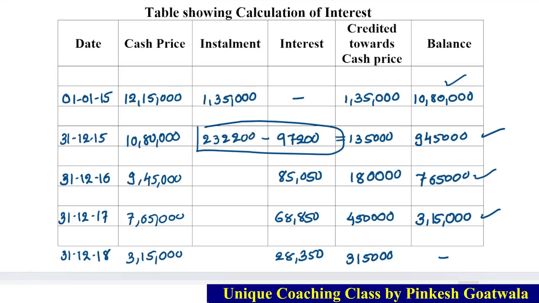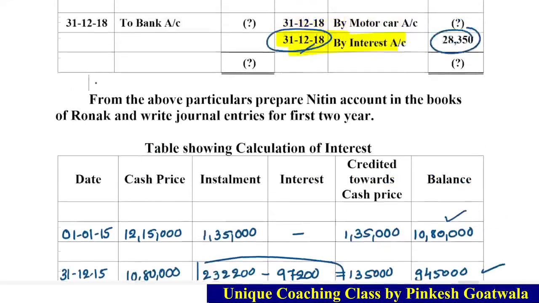Same for the next one: 2,65,015, and last 68,850, 5,18,850, and 315, 28,350, 3,43,350.